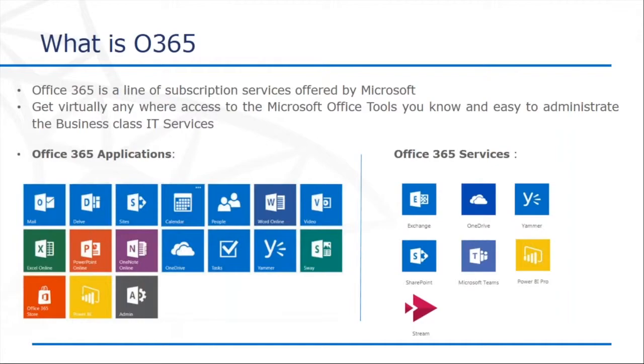Another important application is OneDrive, which is basically for offline to online integration. You can work on documents when you are not in network coverage, and once you are in network coverage, the documents can be synced with O365, like SharePoint Online.